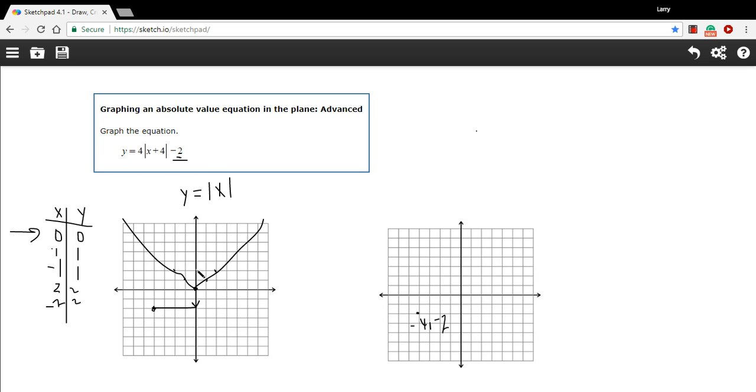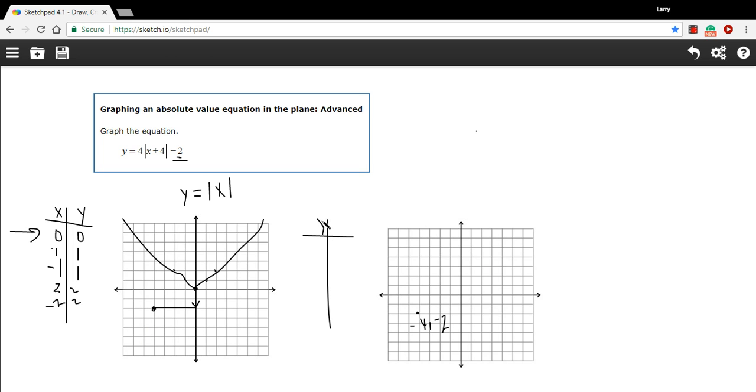Now, we're going to have a slightly different shape because we've got this 4 multiplied out here. What this number multiplied by the absolute value part does is it squishes it or stretches it. Makes it more steep or more shallow depending on the number. Maybe what we should do is just make another chart here. We've got our vertex, right?